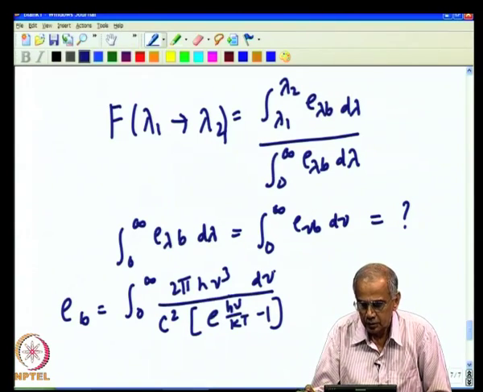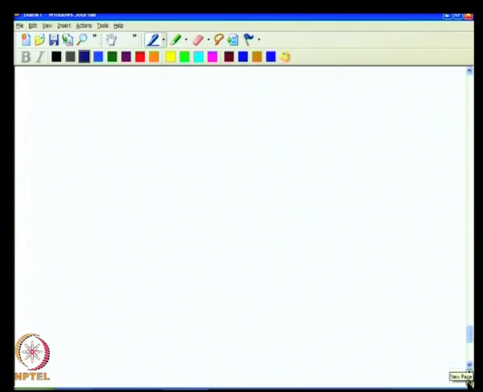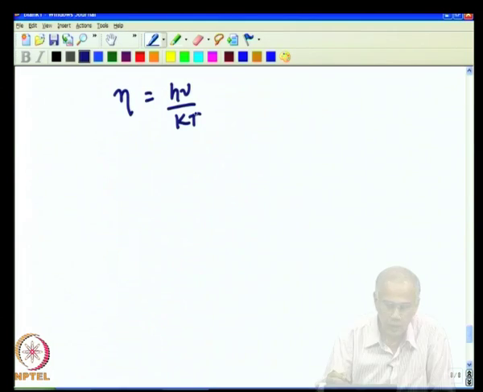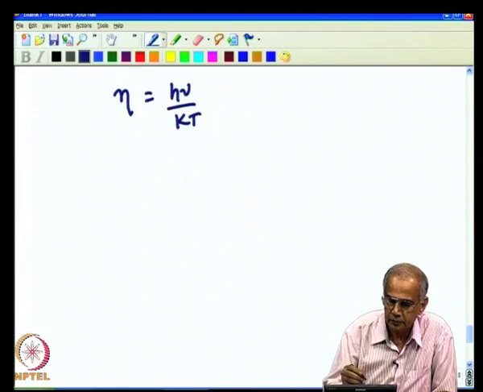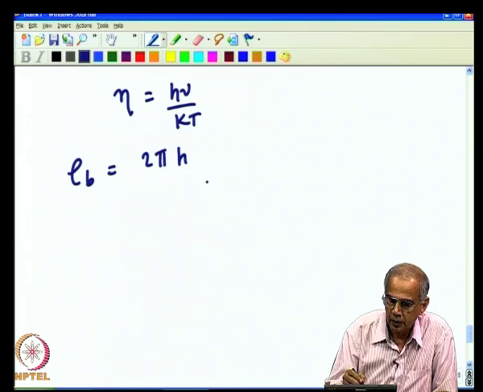Now, this derivation is quite easily done if you assume a non-dimensional parameter eta, which is h nu by k T. Then you write your E_b as 2 pi will come out, h will come out, and c squared will come out.